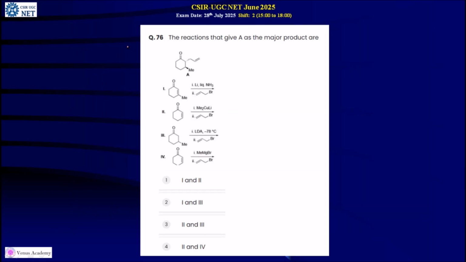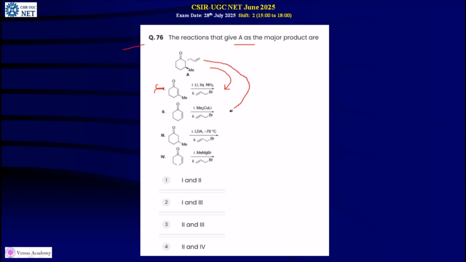Next, question number 76, the reactions that give A as the major product are, yes, so what is happening? A, the product is here. Do we get lithium liquid ammonia? No, so it is not going to give this product.